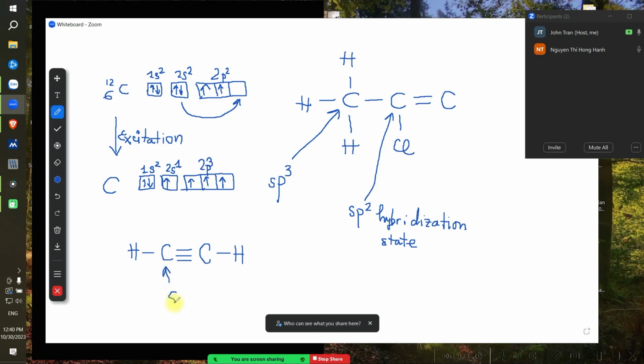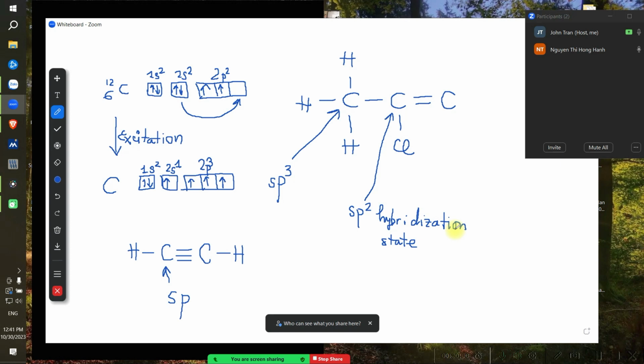So this one is in sp hybridization state. 1 cộng 1 bằng 2 mà. So sp hybridization state, just simple like that. It depends on how many things surrounding that atom, okay? Nó tùy thuộc vào có bao nhiêu thứ bám xung quanh cái nguyên tử đó, mà sẽ quyết định là trạng thái lai hóa của cái C đó.